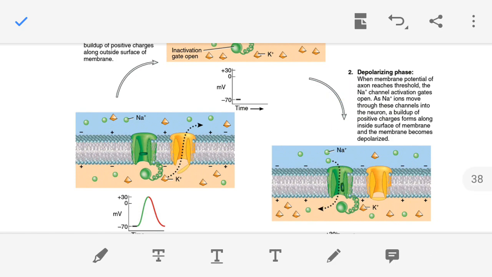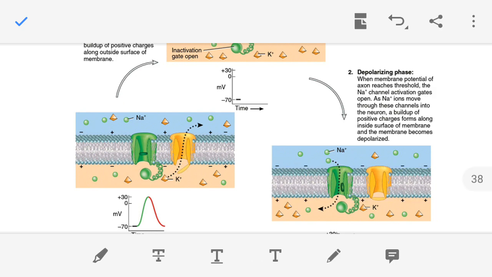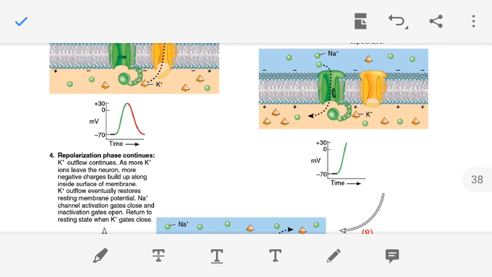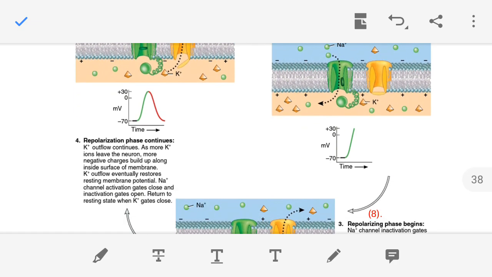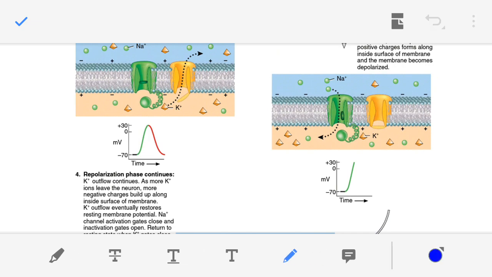Here you can see the development of positive charge, and outside there is now a negative charge. So we can say the membrane is becoming depolarized. Due to the depolarization, the membrane potential reaches the level of plus 30 mV.